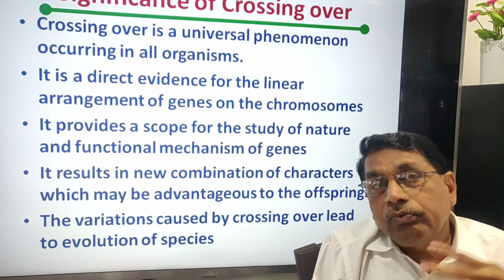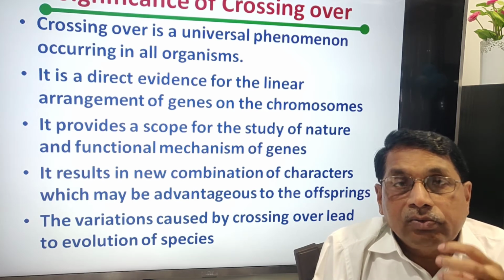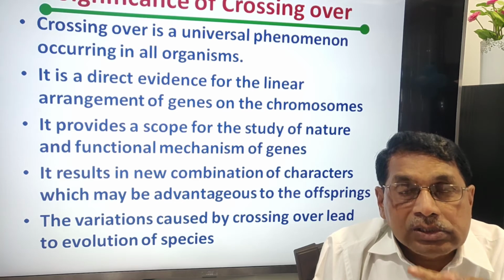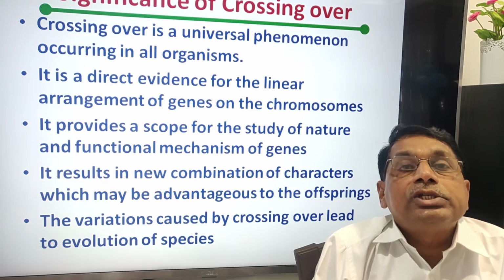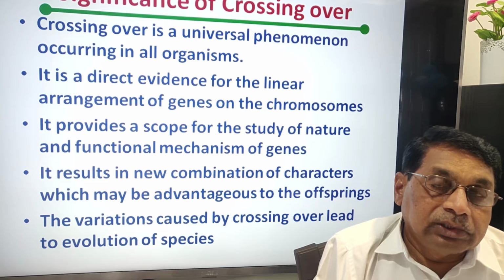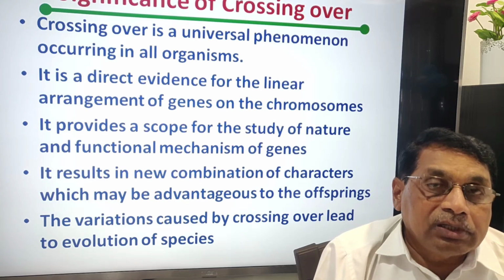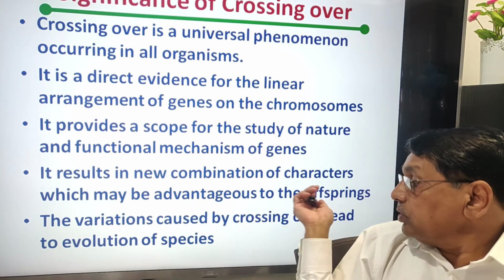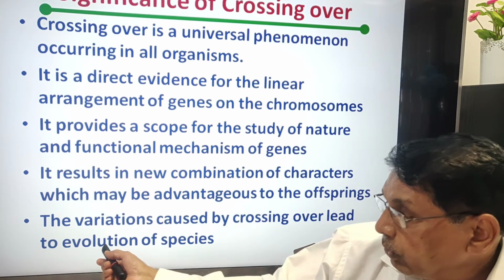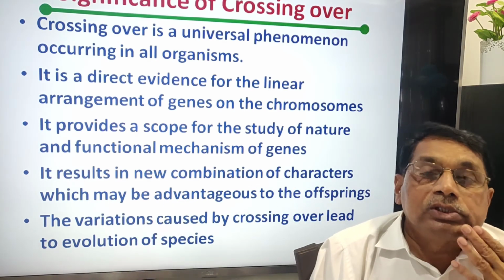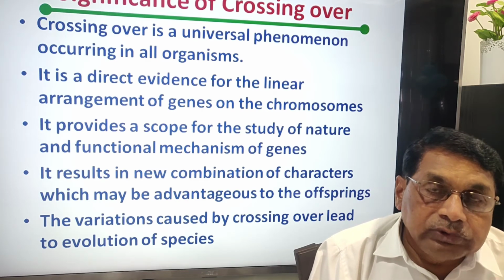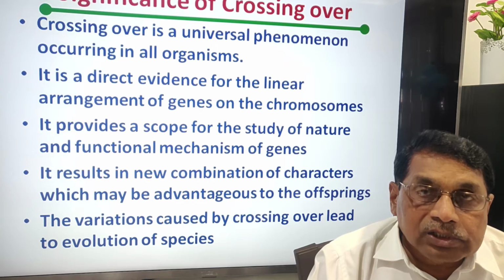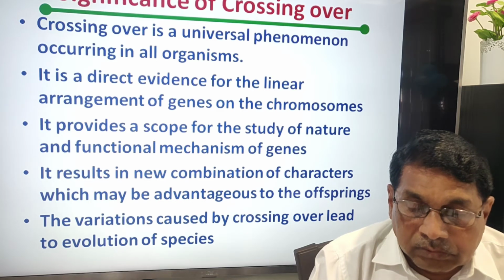So new variations appear, new varieties or new offspring. So this variation may be advantageous sometimes. Later we study inbreeding, outbreeding, like that. The variations caused by crossing over lead to evolution of species. New species. Within the species there will be variations, varieties.